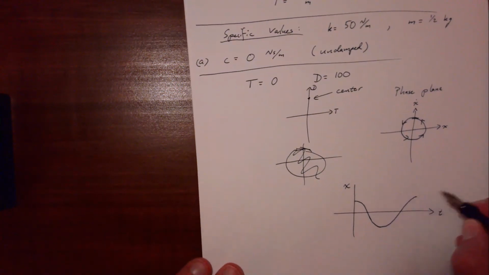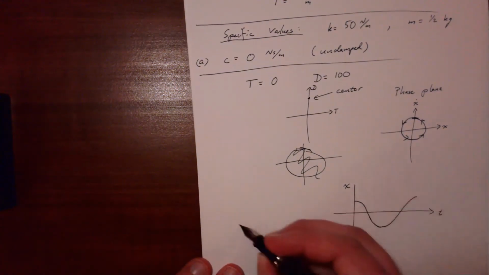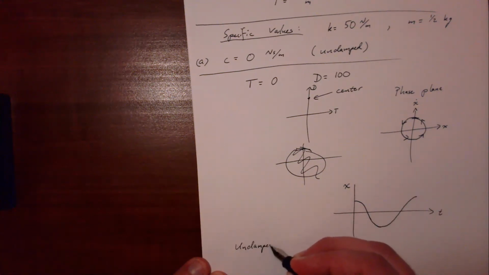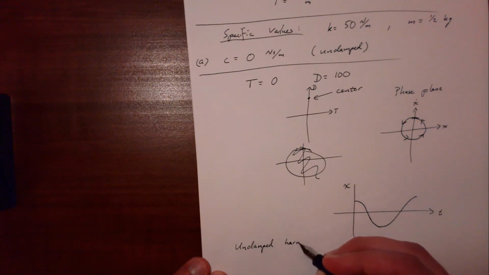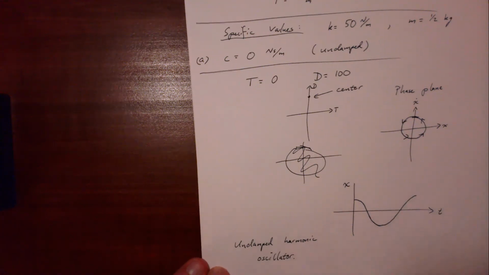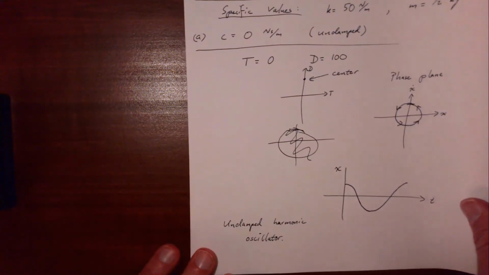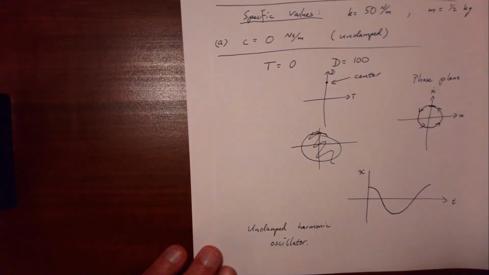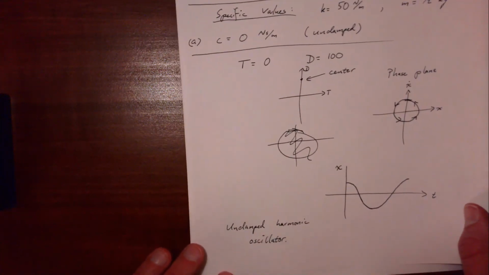So this is just an undamped harmonic oscillator. And if we wanted the actual equation for x, we are perfectly capable of finding it. We have all the numbers we would need to fill out A, and we could in fact find it with the tools that we have in our arsenal.